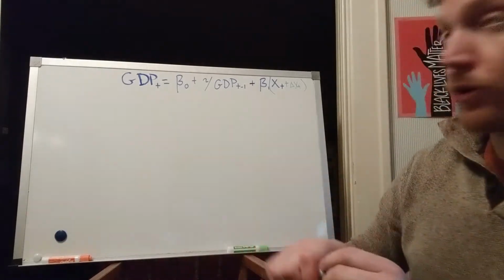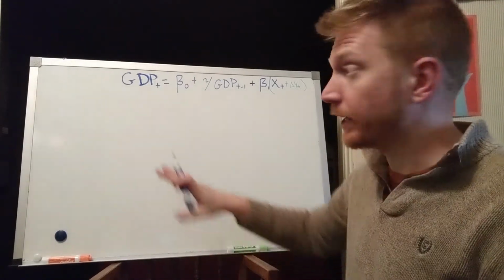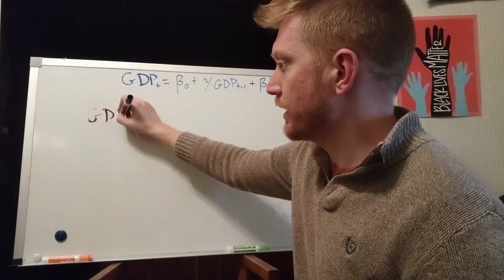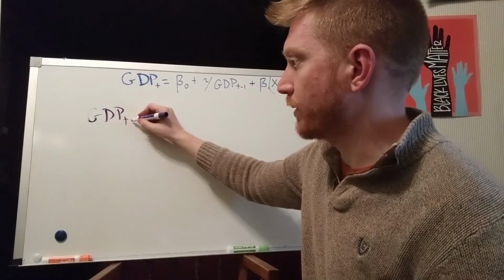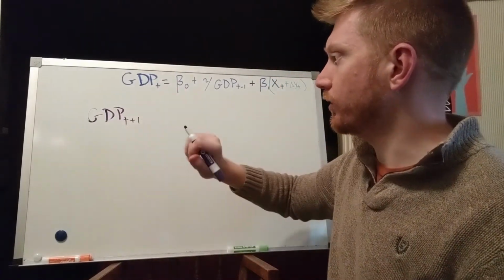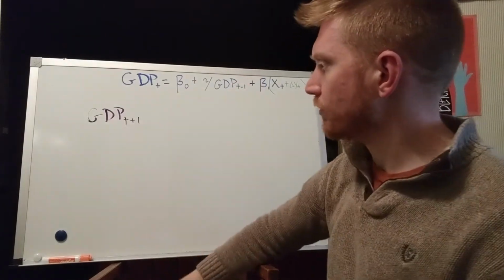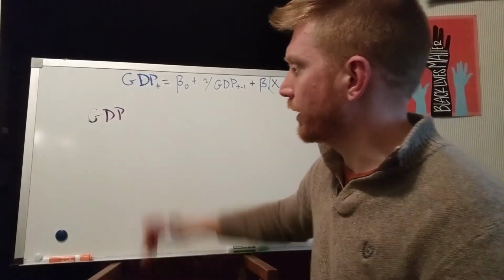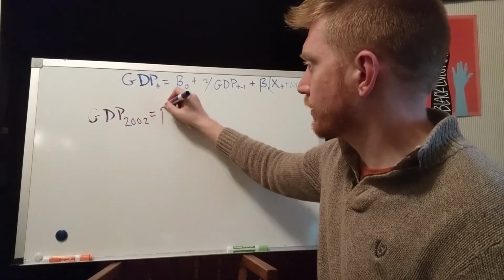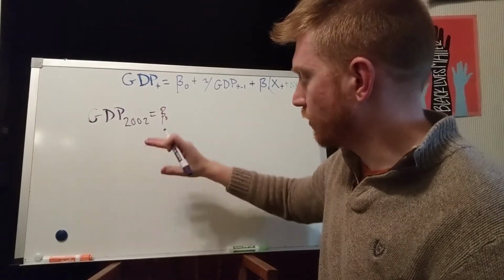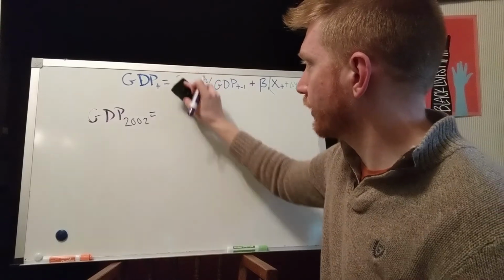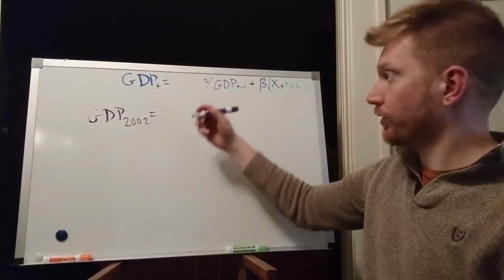So let's think through what the impact will be in the next time period. GDP in the time period immediately following. So if this is 2001, this is 2002. It might be helpful for me to use actual years. I'm going to, for simplicity, drop the constant terms because that's not going to be what we're focusing on.